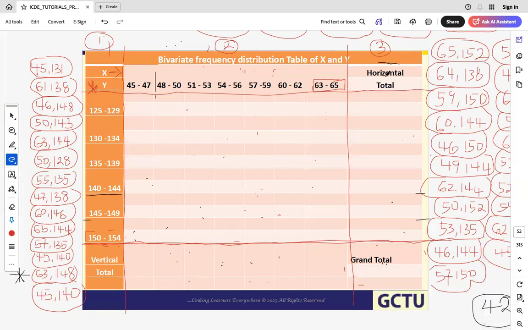The first one, we labeled it as horizontal total. So this one will be vertical total. And then now you have where the horizontal and the vertical are meeting. That is where we are calling the grand total. This is where the vertical total and the horizontal total are meeting to form the grand total.